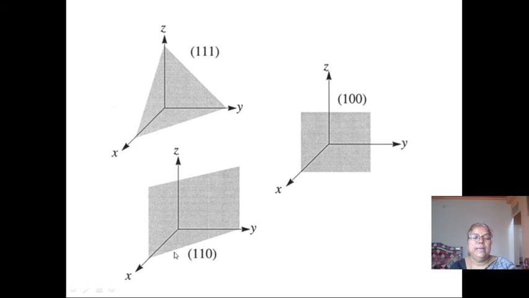This one has intercepts on two coordinate axes, and this is the 1 1 0 plane. And this plane cuts all the three coordinate axes, and such a plane is called the 1 1 1 plane. These are the planes of the cubic system. This is the 1 0 0 plane, this is the 1 1 0 plane, and here it is the 1 1 1 plane.